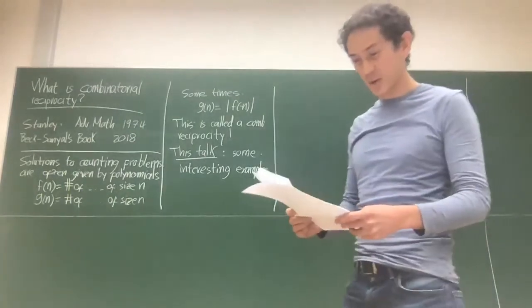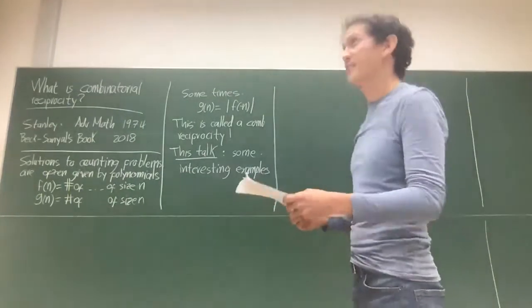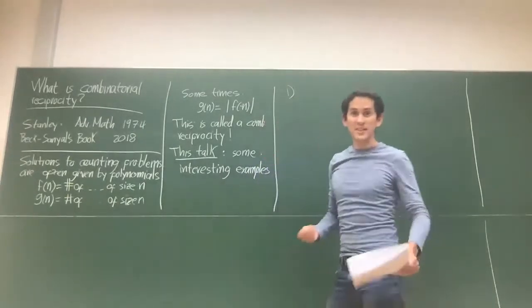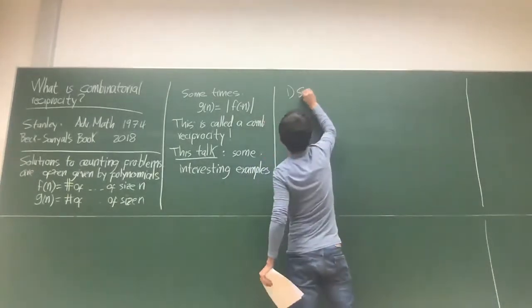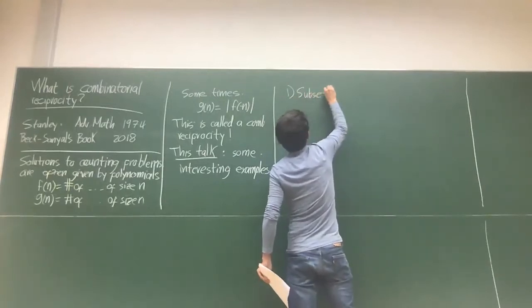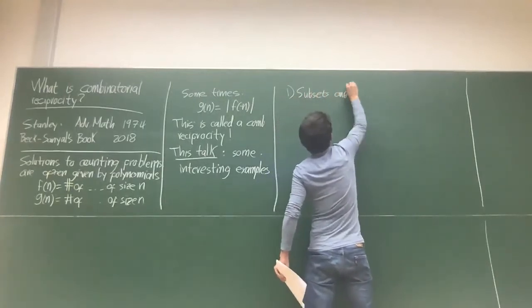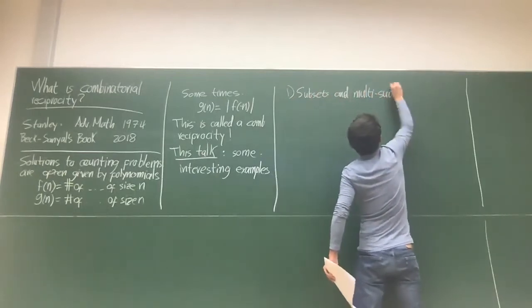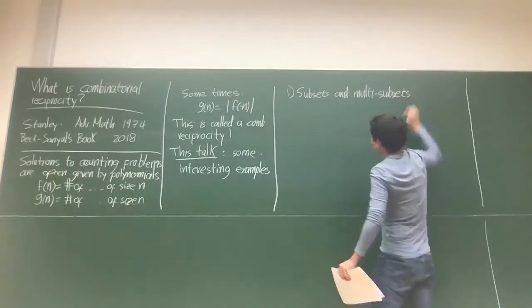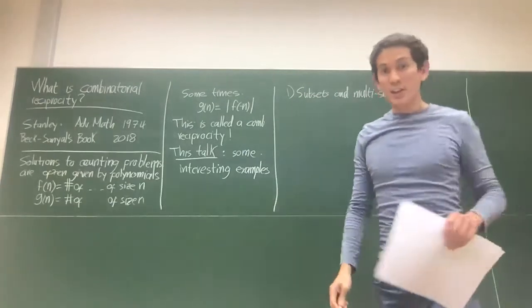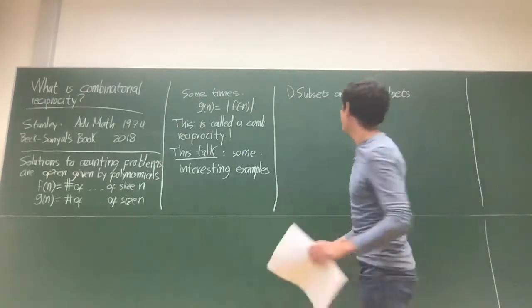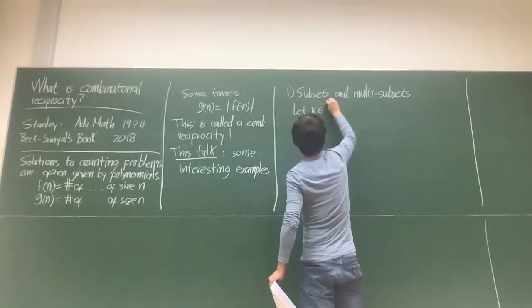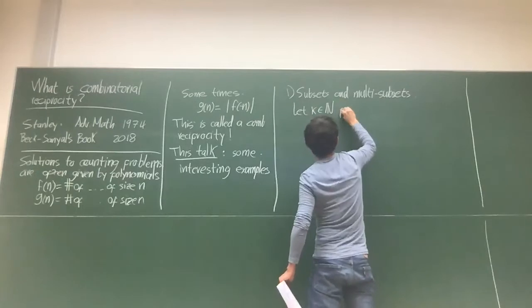Okay, so let's start warming up really slowly. The first example is going to be about subsets and multisubsets. Let me fix a natural number k.